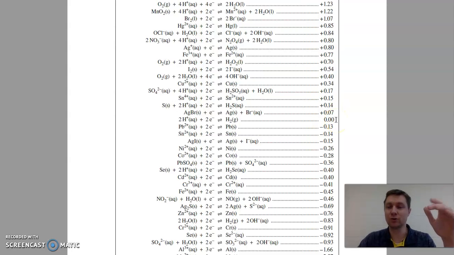And so if those are the two half reactions I'm using, doesn't matter what their numbers are going to be. I know that the net electrical potential for each redox reaction is always going to be the same because these numbers are going to represent the difference or the different abilities that they have to gain or lose electrons.